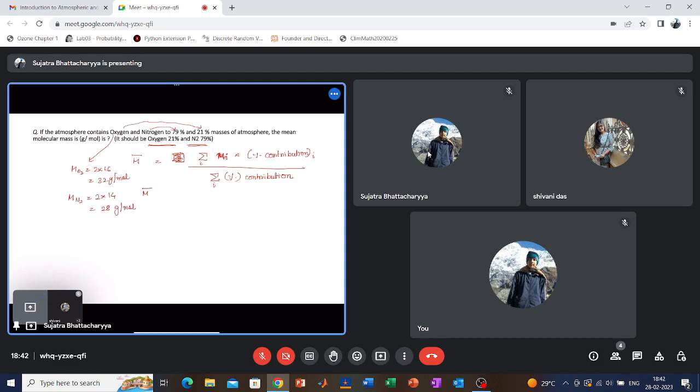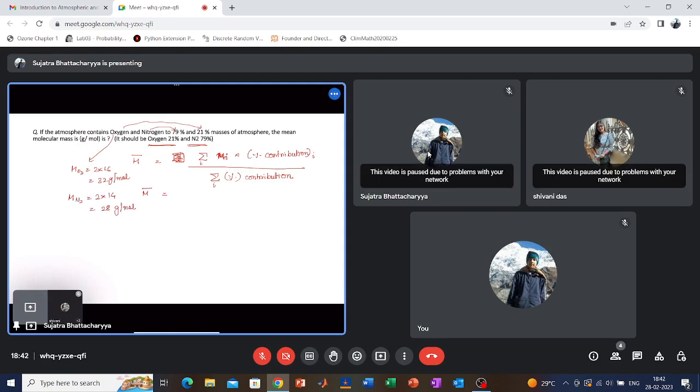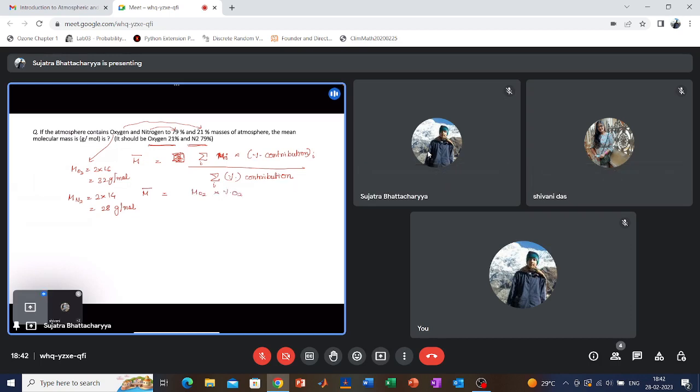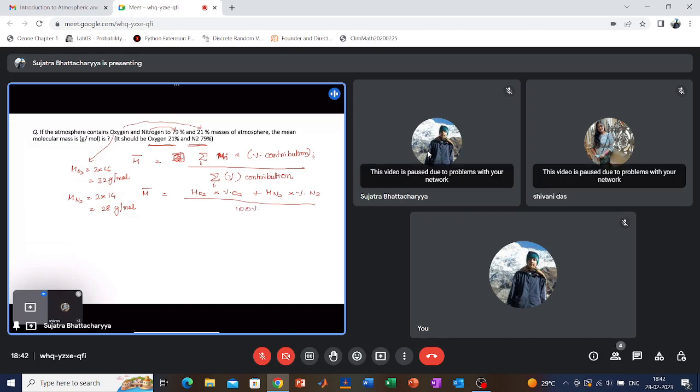Right? Therefore, m bar will be equal to the mass of oxygen into percentage contribution of oxygen plus mass of nitrogen into percentage contribution of nitrogen, divided by the total contribution, which is 100% because 79 plus 21 will always be 100%.